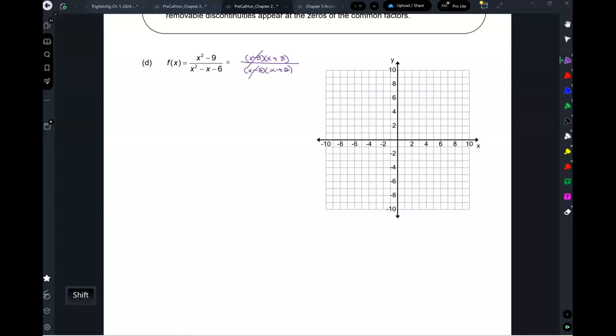The x minus 3's cancel, so we are left with x plus 3 over x plus 2. Now, domain. All of the discontinuities of the original function must be represented in the domain. So both the 3 and the -2. So negative infinity to -2, -2 to 3, 3 to infinity.